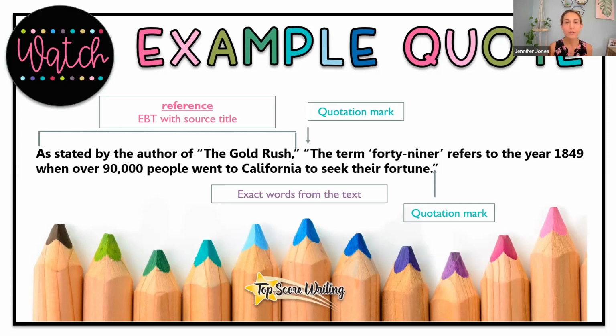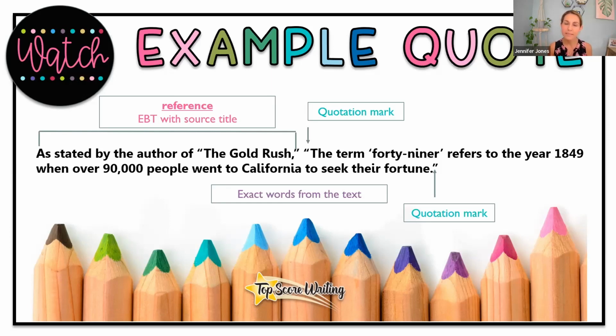First of all, let's look at the information that's been copied from the article. So do you see those opening quotation marks? They come right before the word the. The opening quotation marks let you know that we are now going to be copying information from the article, that the sentence within the quotation marks has come directly from the source.